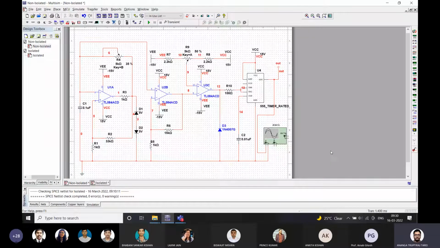Yes, sir. This is the non-isolated gate driver circuit. Please run it.